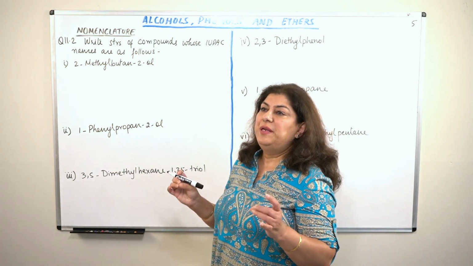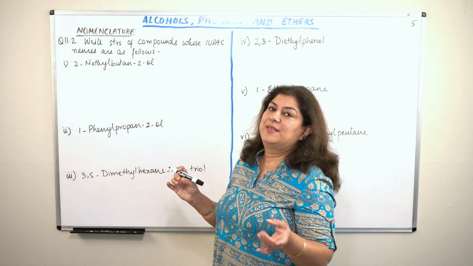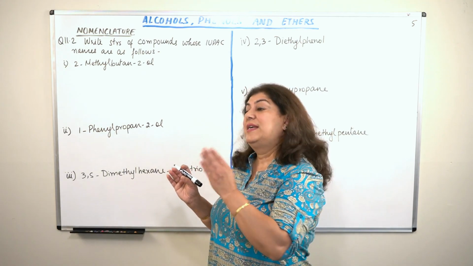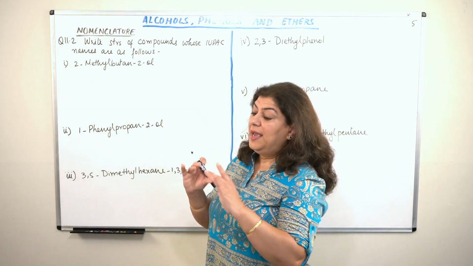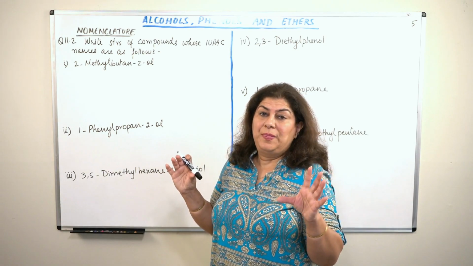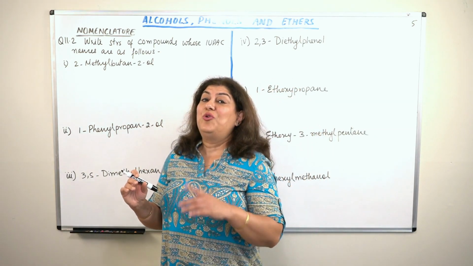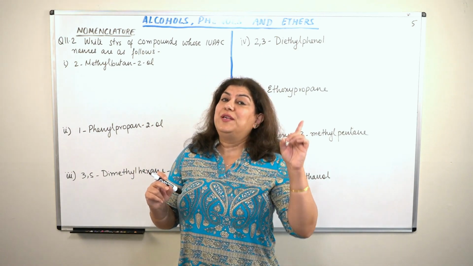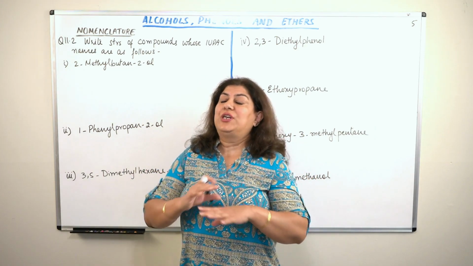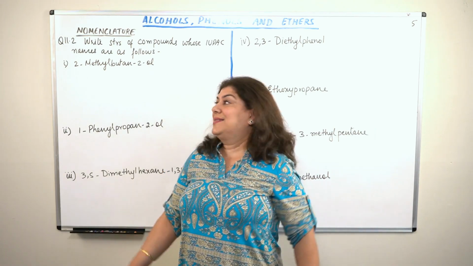So it has primary prefix, secondary prefix, similarly primary suffix and secondary suffix. A name has 5 parts. If you do not understand what I am telling you right now, I would encourage you to go back to class 11's IUPAC nomenclature videos in which I have described this in detail.